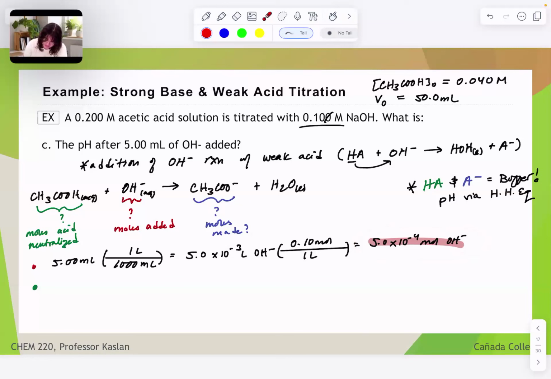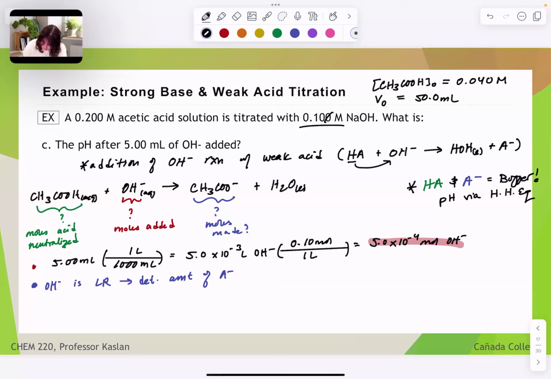So we do indeed know, since we've added less than the equivalence volume, that since the hydroxide is the limiting reactant, this is going to determine the amount of conjugate made. Here, acetate ion, and this is made in a 1-to-1 ratio.